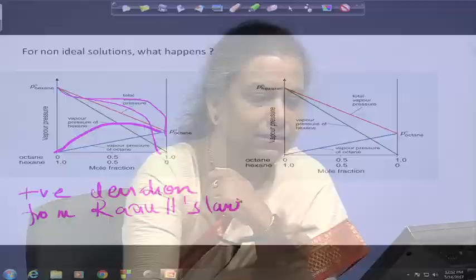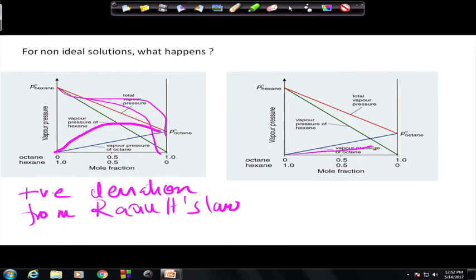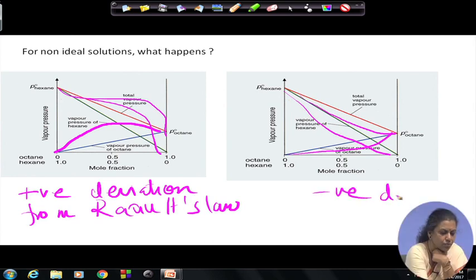Suppose we see that the interaction between unlike molecules is greater than the interaction between like molecules. Then when we mix, the interaction increases. When the interaction in the liquid phase increases, naturally the tendency to go into the vapor phase decreases, and under that condition, what do we have? We have a negative deviation from Raoult's law. In every case, we are going to have a negative deviation from Raoult's law.